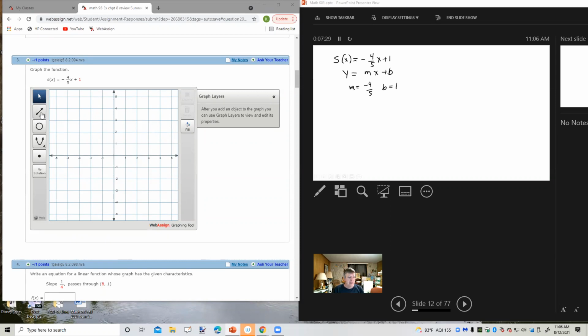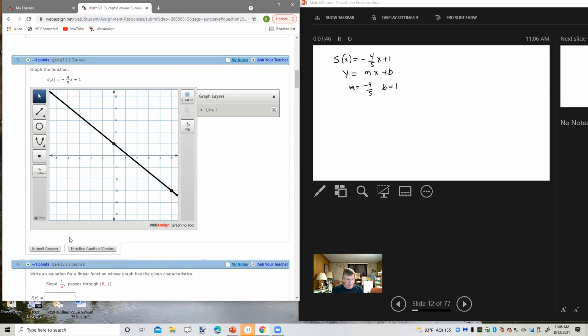Graphing it that way, we click on this till it turns blue. We have a y-intercept of 1, then going down 1, 2, 3, 4, and over 1, 2, 3, 4, 5. And there we have the correct answer.